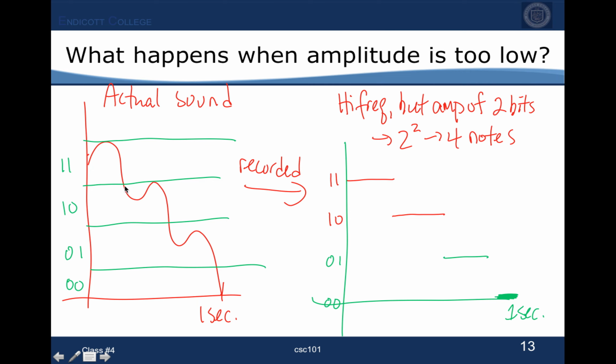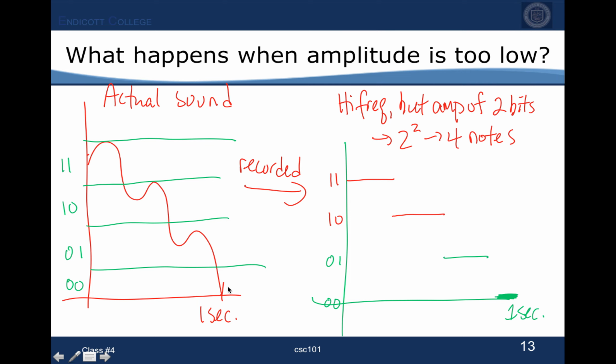And then when I get to here, yes, it's true, since I'm recording and recording, I notice as soon as I switch. However, with my crappy amplitude, I say, oh, okay, it's not code 3 anymore, it's now code 2, right? 10 is 2. So I record 2, or 10. So that whole time period is all the same note. Okay, and similarly for this time period and then for my last little time period.